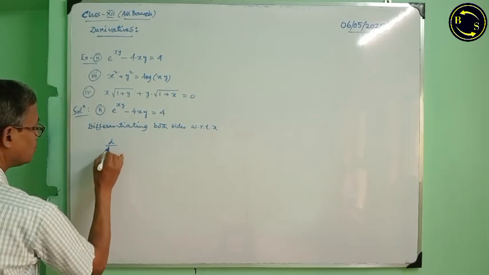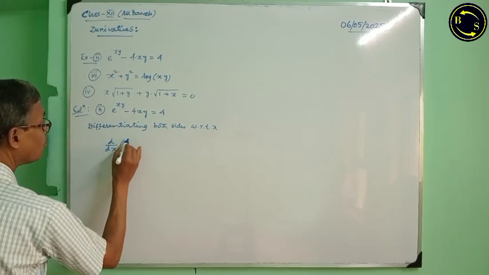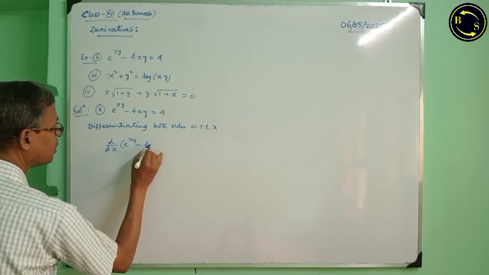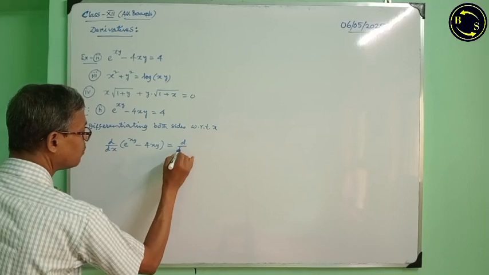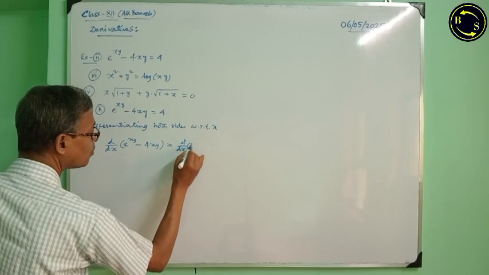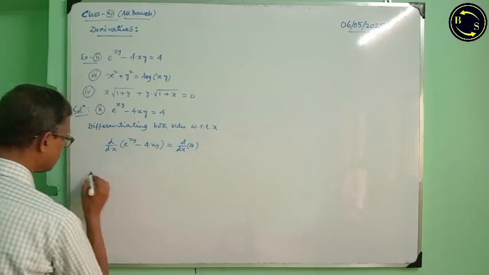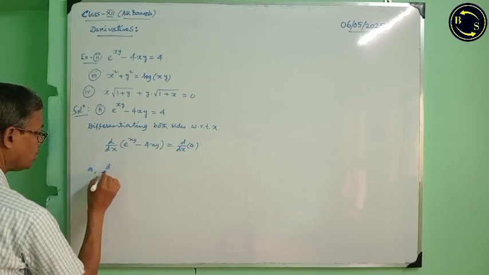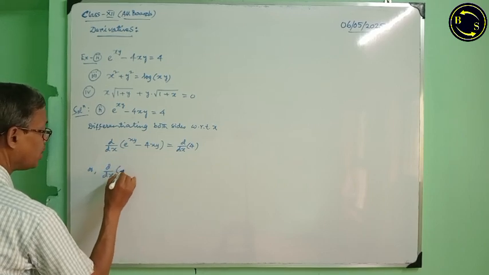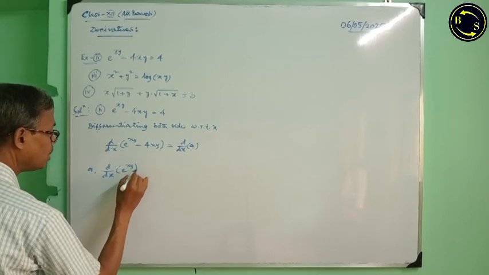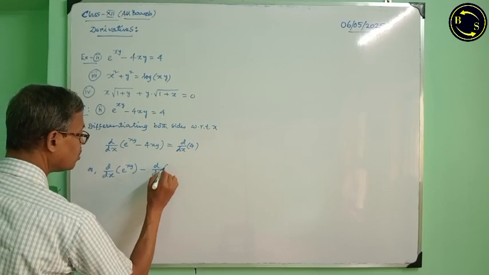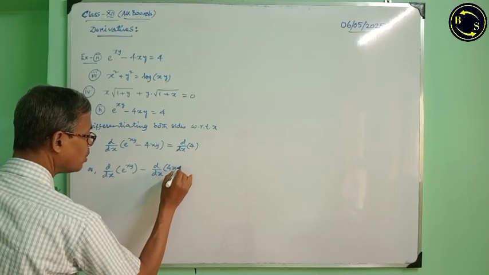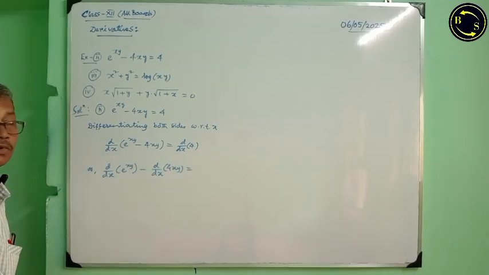d/dx of e to the power xy minus 4xy, that is equal to d/dx of 4, or d/dx of e to the power xy minus d/dx of 4xy is equal to d/dx of 4 on the right side.